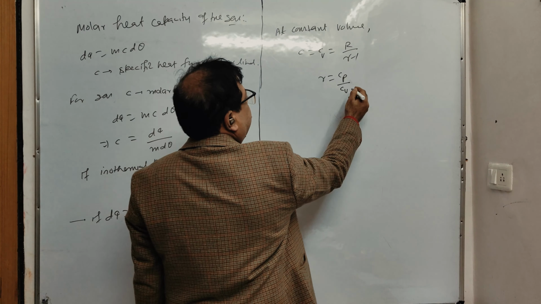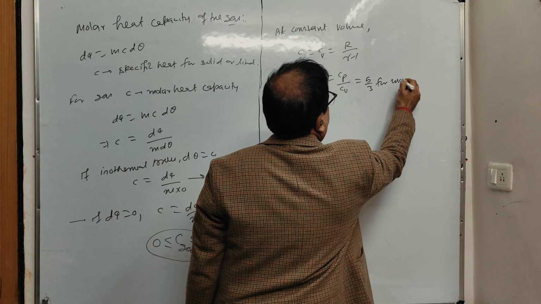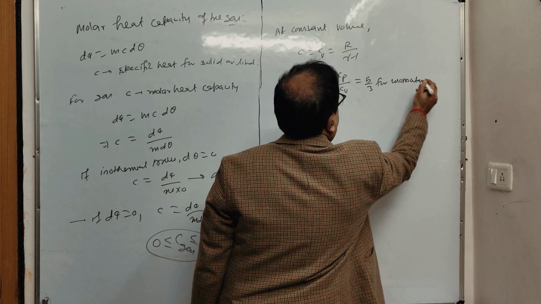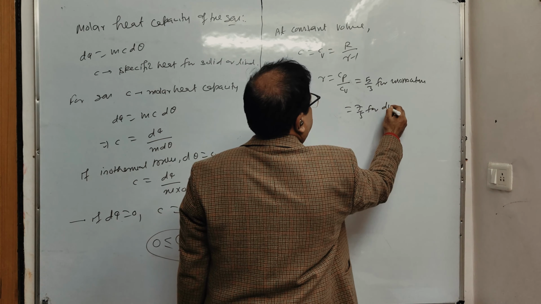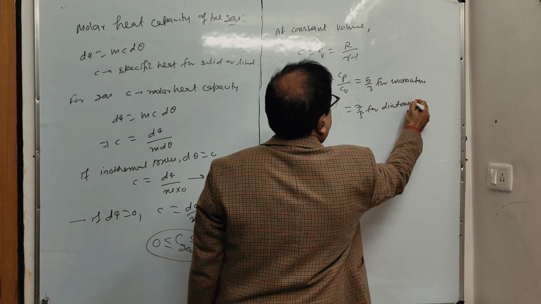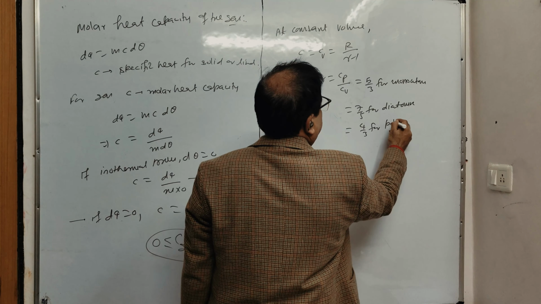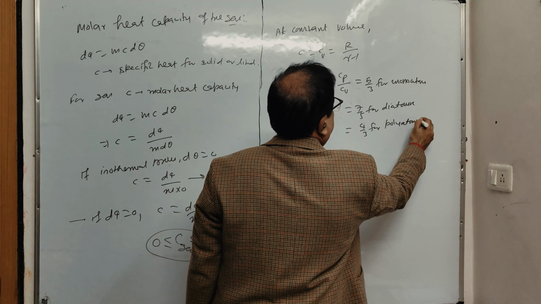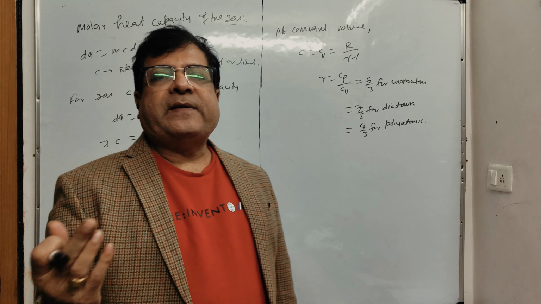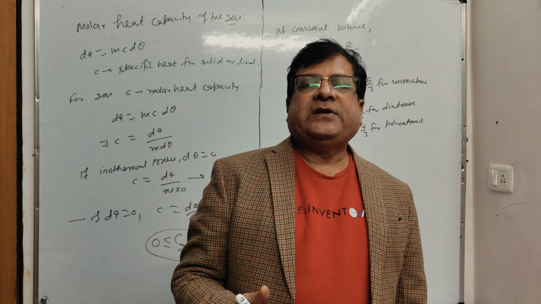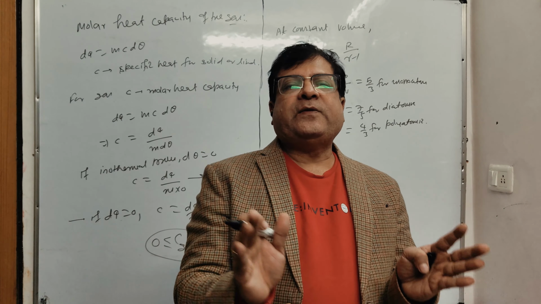This value is 5 by 3 for monoatomic, 7 by 5 for diatomic, and 4 by 3 for polyatomic. And sometimes when there is a mixture of gases, gamma can change. It depends on the number of moles, how much one gas is mixed with another.